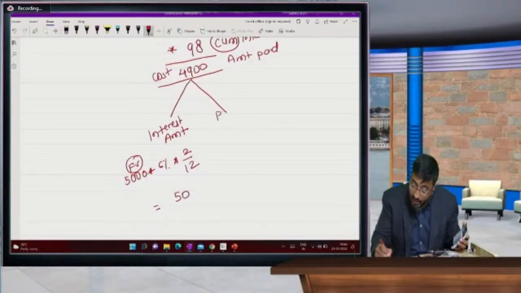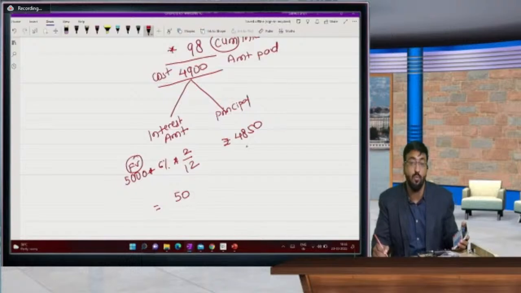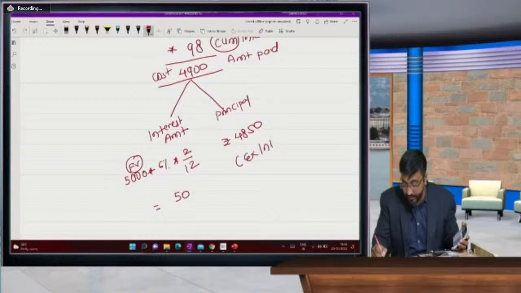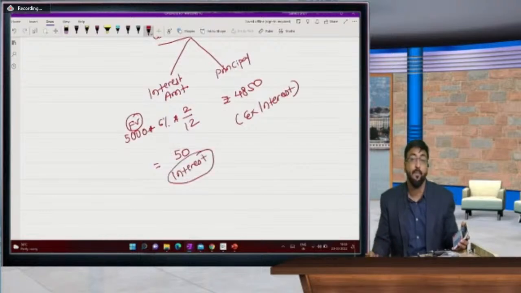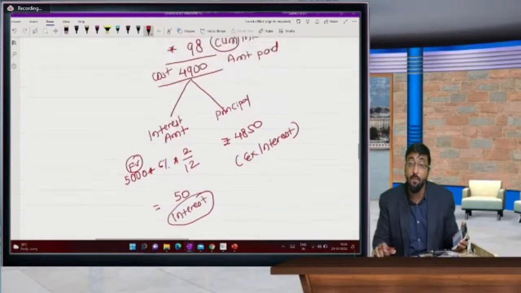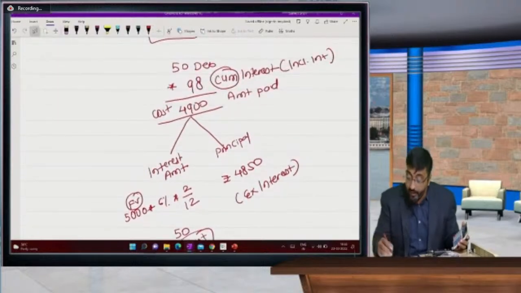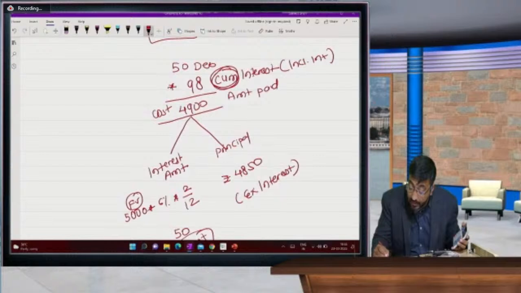And towards principal, the balancing figure is 4,850. 4,850 is called ex interest, and 50 rupees is called interest. So my friends, whenever you are paying any amount, it is always cum interest.